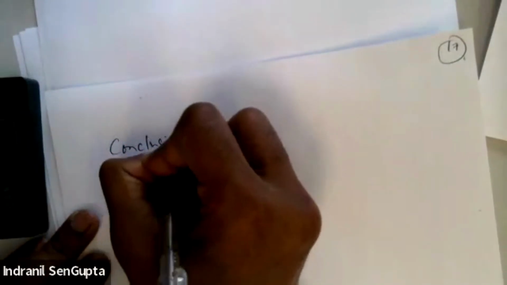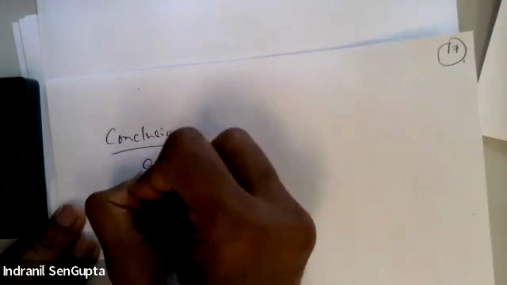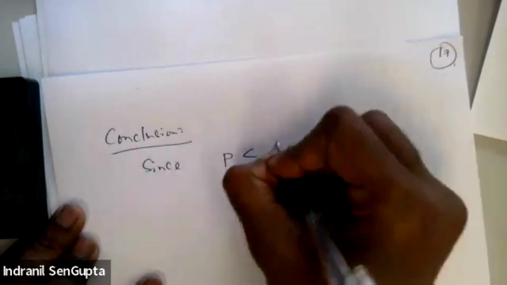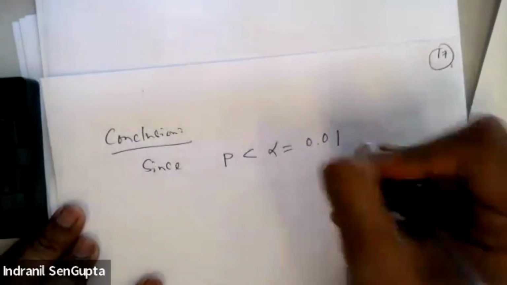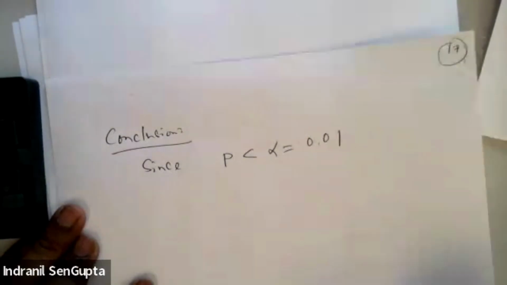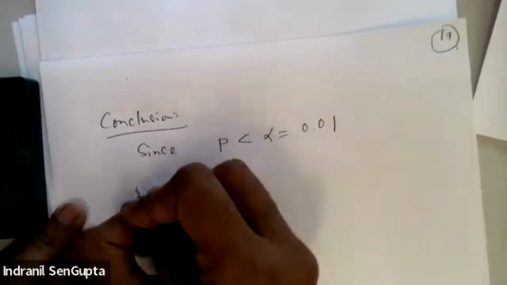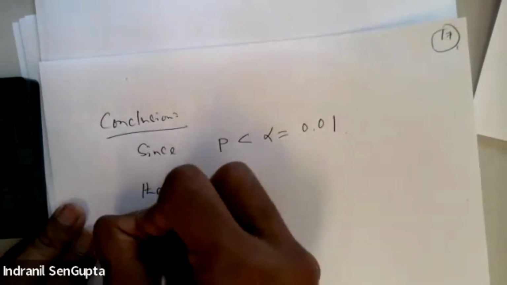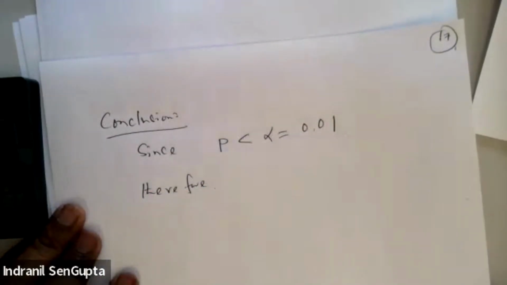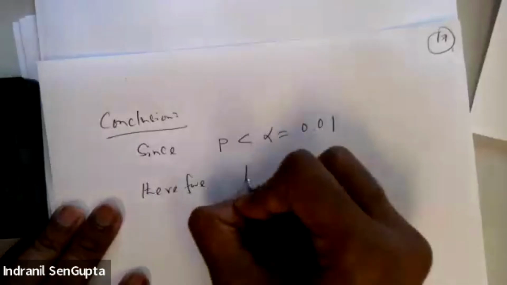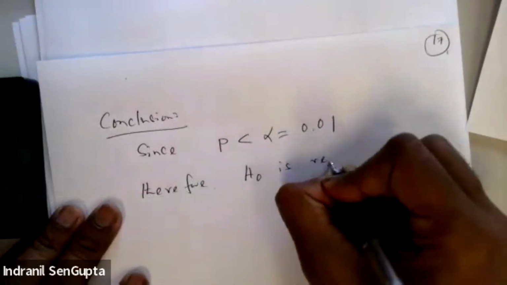And therefore, conclusion: since p is less than alpha, and alpha was 0.01, H0 is rejected.